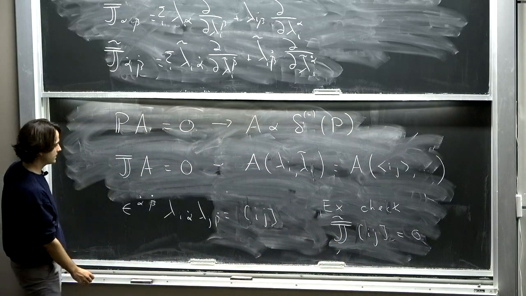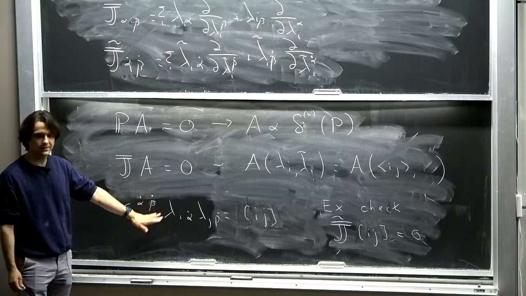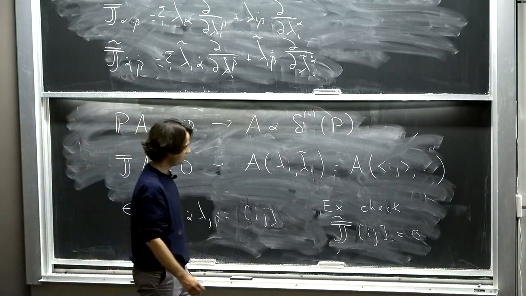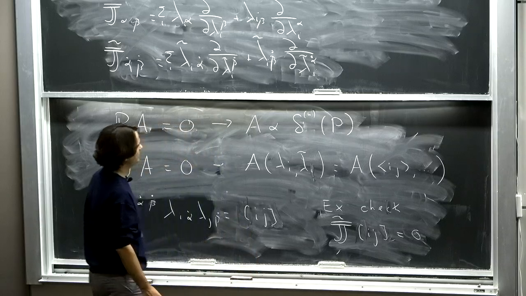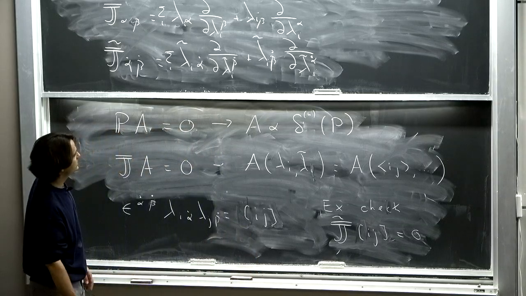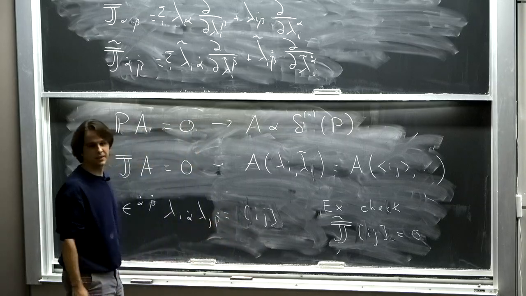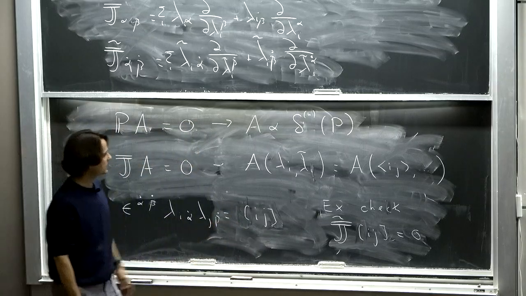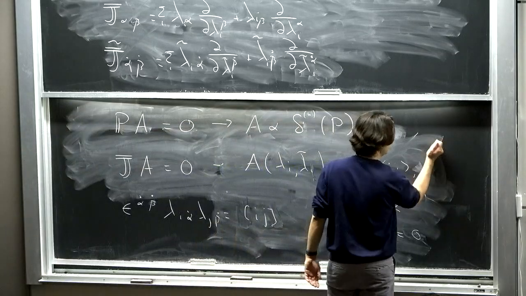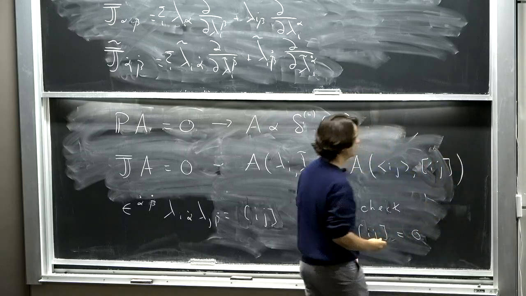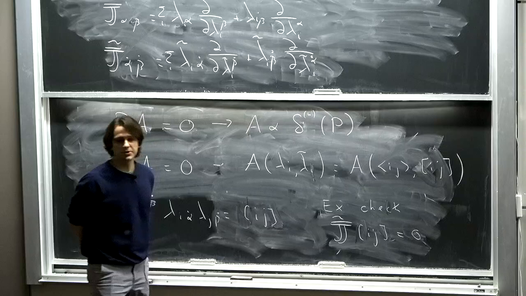Technically here, there's some sign that you might have to check. Okay, I will make more comments about these guys tomorrow. But what we learned is that the amplitude is actually a function of these particular contractions between the spinors.